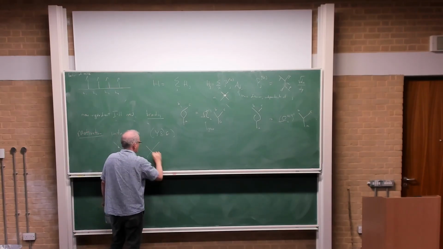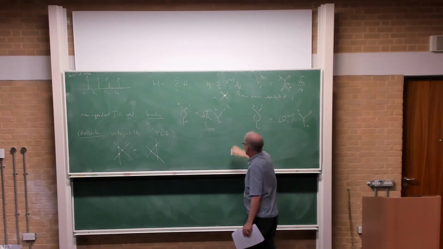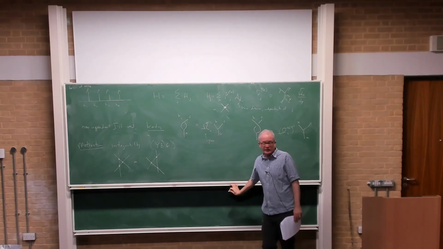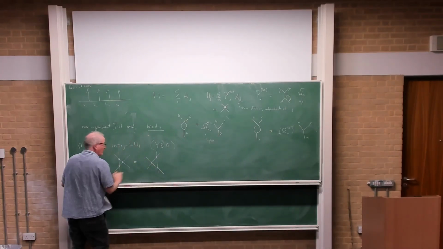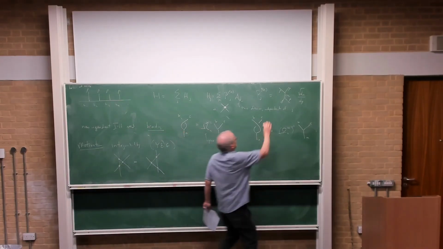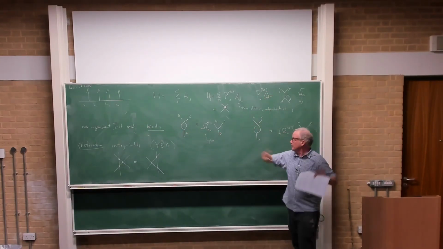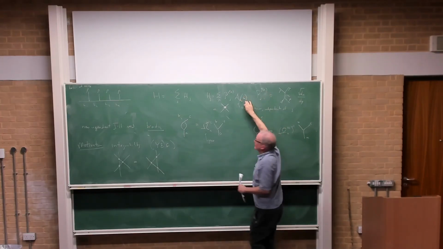But in this language, the picture looks like this. So this is this vertex here. But now the Yang-Baxter equation is not purely topological. It has a parameter in it. So what I'm going to do is say this A is a function of some parameter.